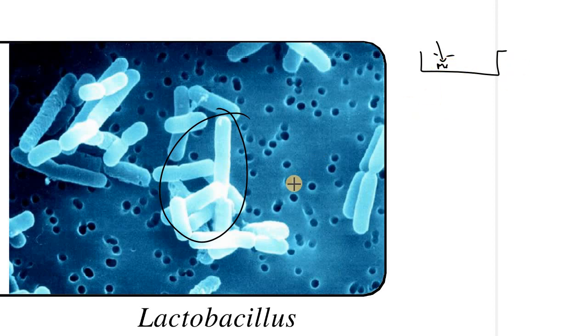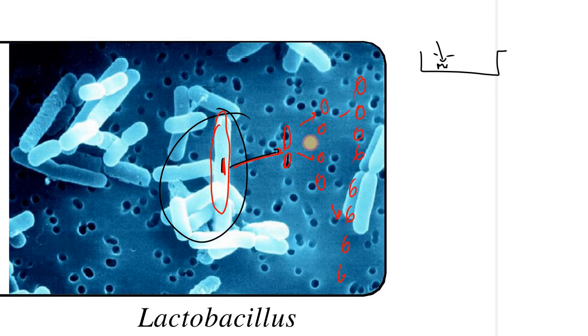If we put them in a certain warm condition without disturbing them, no light, no sound, nothing, then they will keep on multiplying. This one becomes two, and this will happen very quickly. So suppose this is one lactobacillus, this becomes two, then two will become four, and so on.